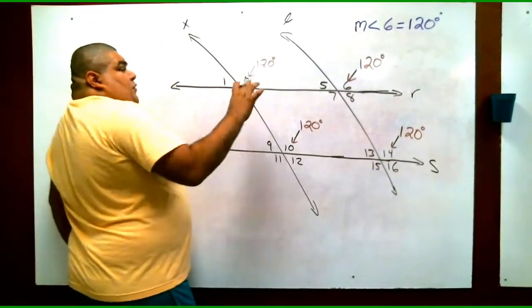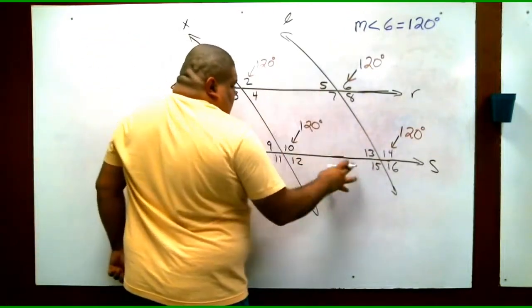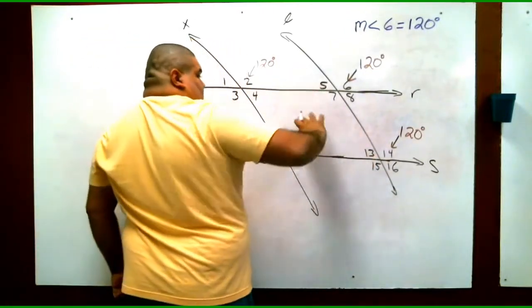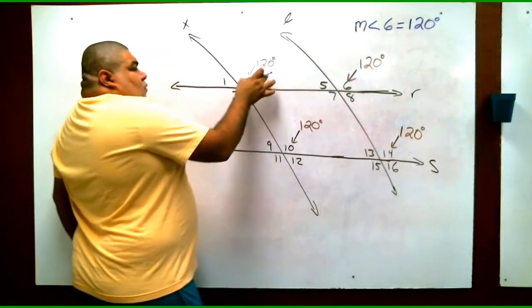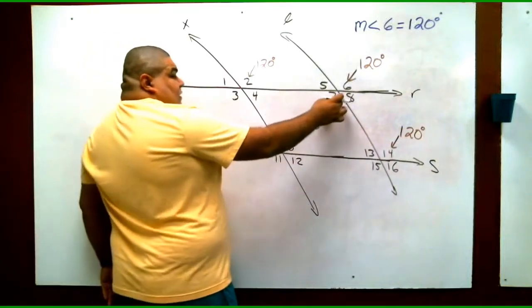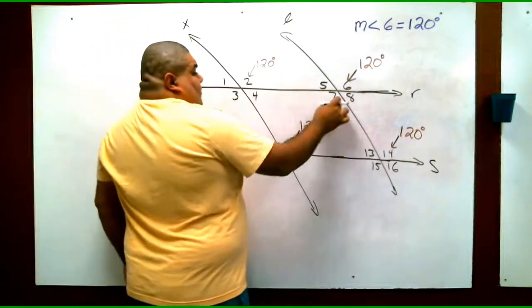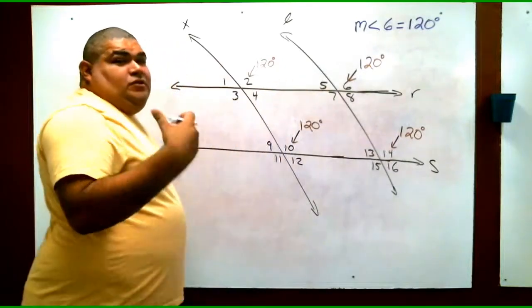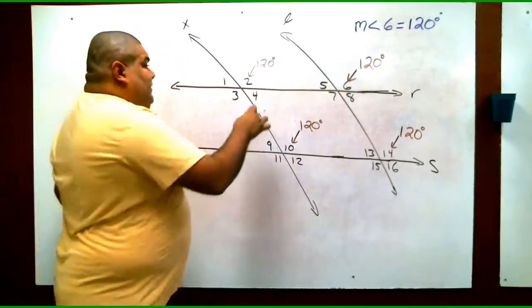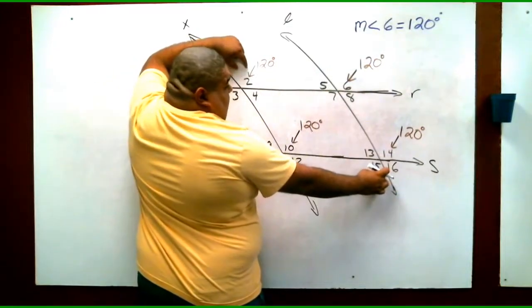So if we look at alternate interior, we're going to focus on all the inside. What's alternate exterior to 2? We can say 7 is alternate interior from this line. We can even say 2 and 15 because they're opposites on the outside.